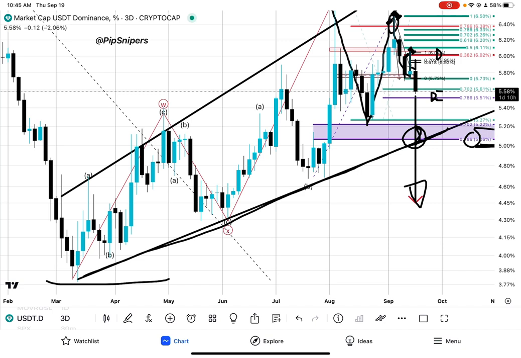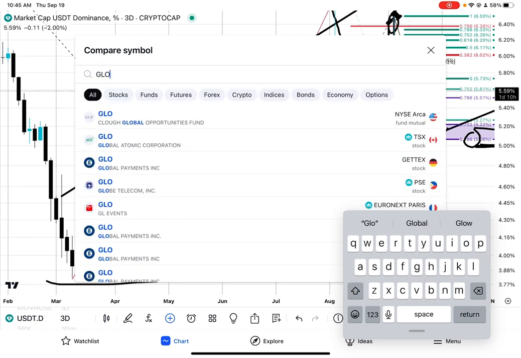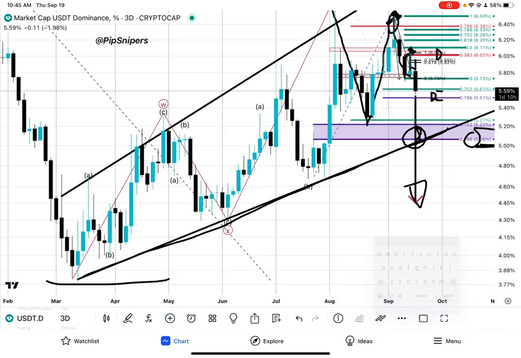There's a photo I posted there on Twitter showing the M2 money supply, global liquidity in comparison to Bitcoin. And we do see that global liquidity is breaking out. If we were to just take a look here at global liquidity, right? It's actually an indicator here.